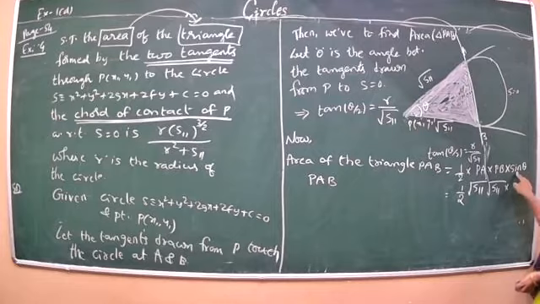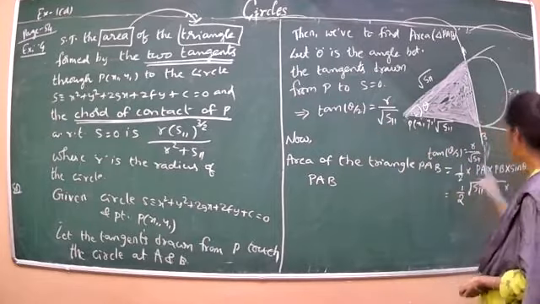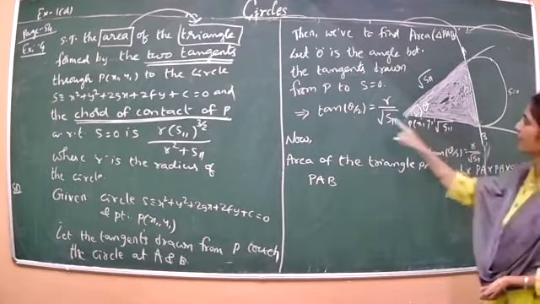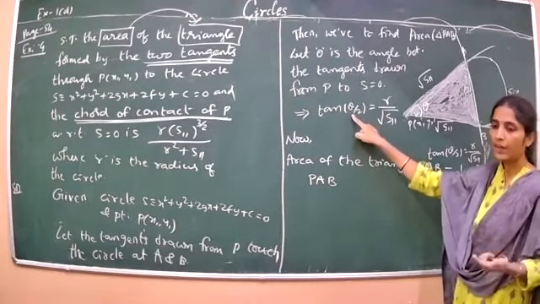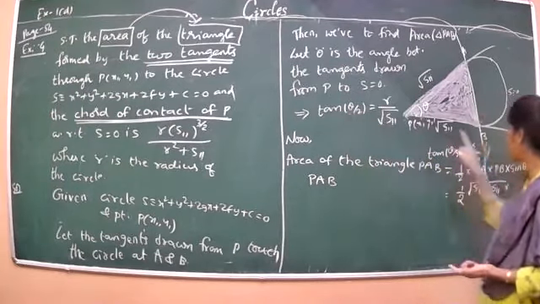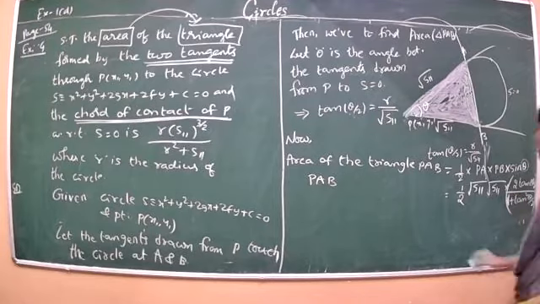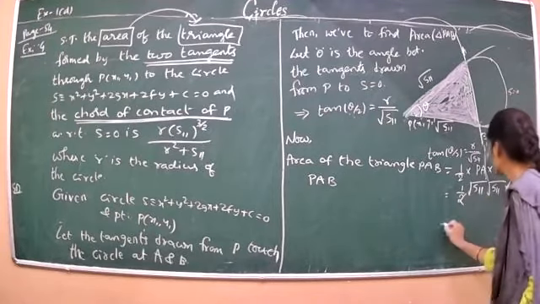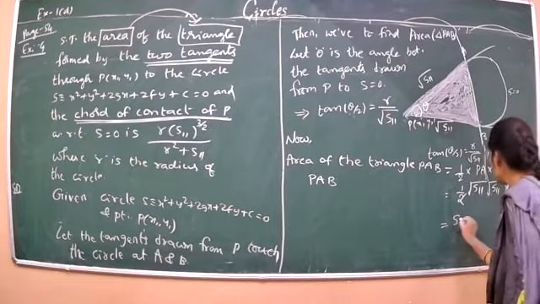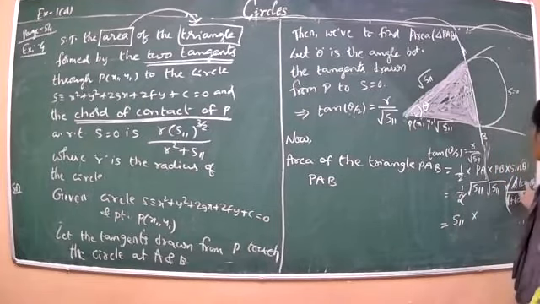And sine theta. But we know tan theta, we don't have the value of sine theta. So we use the formula converting half angles to full angles: sine theta is 2 tan theta by 2 divided by 1 plus tan square theta by 2. So half gets cancelled, root S11 into root S11 is S11, into tan theta by 2.